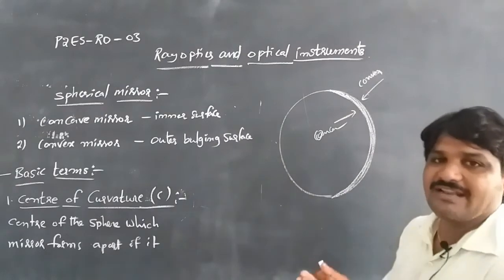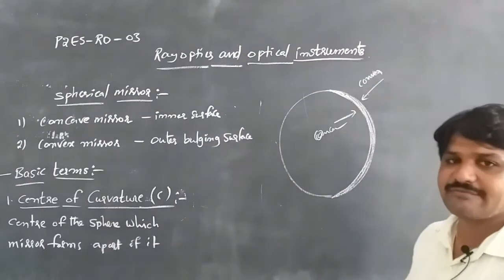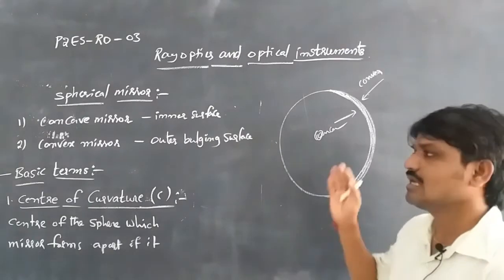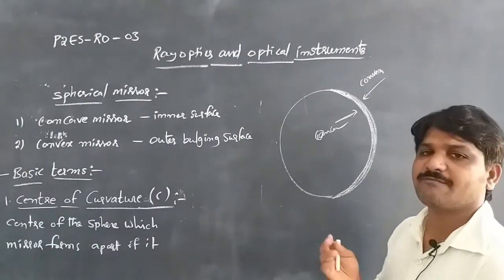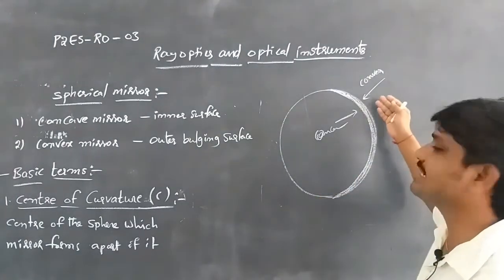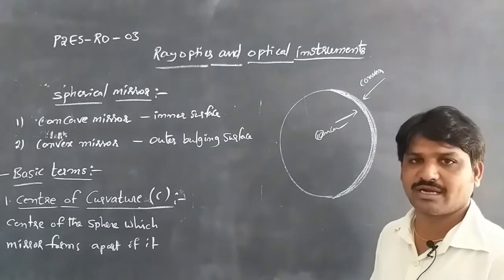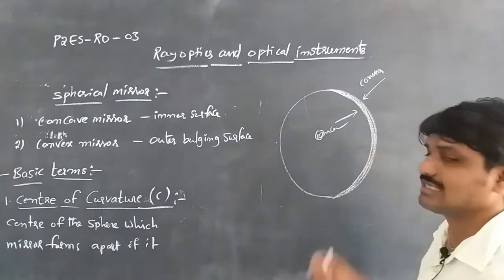When the reflection takes place from the inner surface of the mirror, it is a concave mirror. If it takes place from the outer bulging surface, it is a convex mirror.